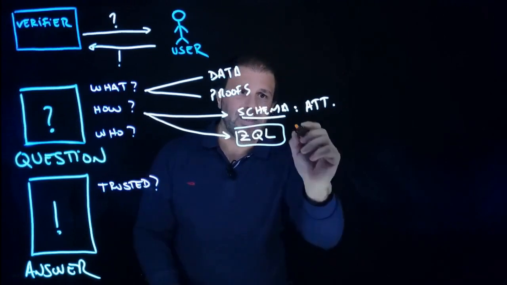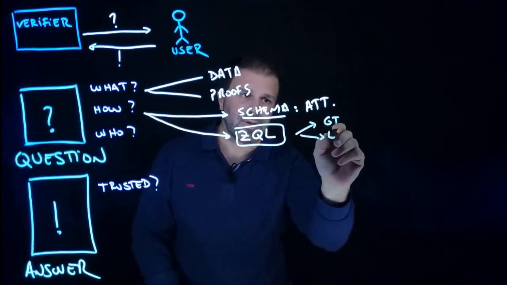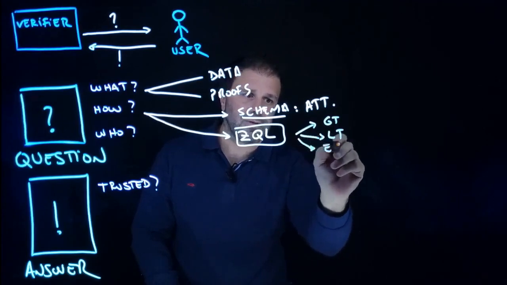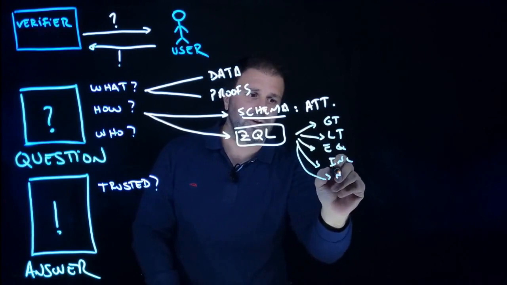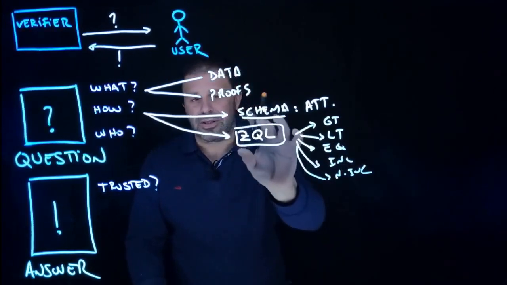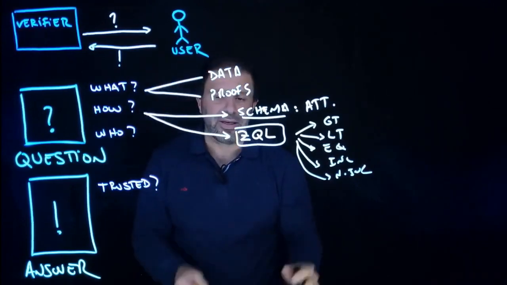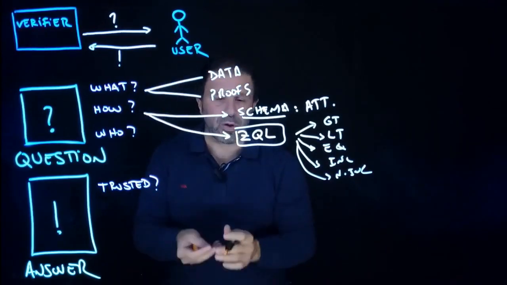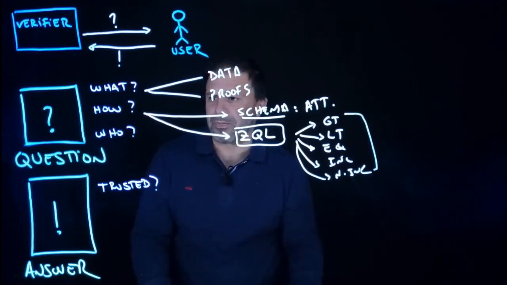This attribute has to be greater than, lower than, equal, included in a certain list of values, or not included. Using this language, the verifier can create complex queries that have a yes or no answer. In the end, the proof is always a binary yes or no to this set of conditions.